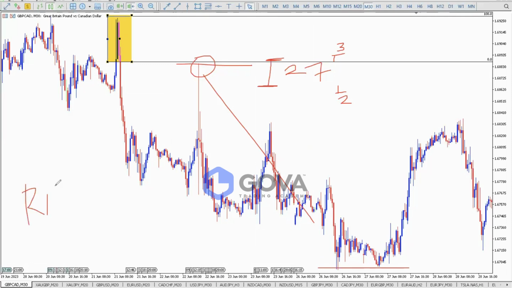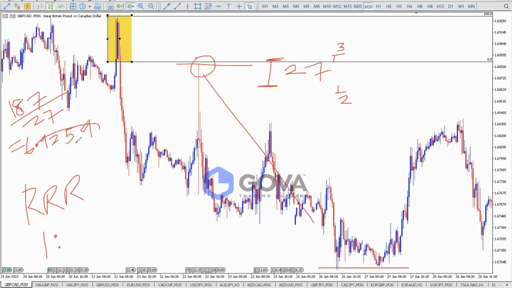The calculator on my phone says 187 divided by 27 equals 6.9259. Remember, I told you to always throw this decimal area out. We don't need it. What we need is just the 6. So on this trade we are having 1:6.